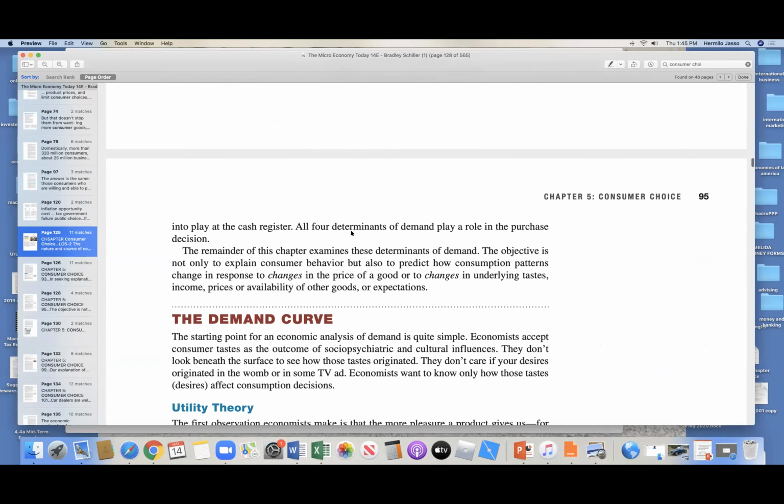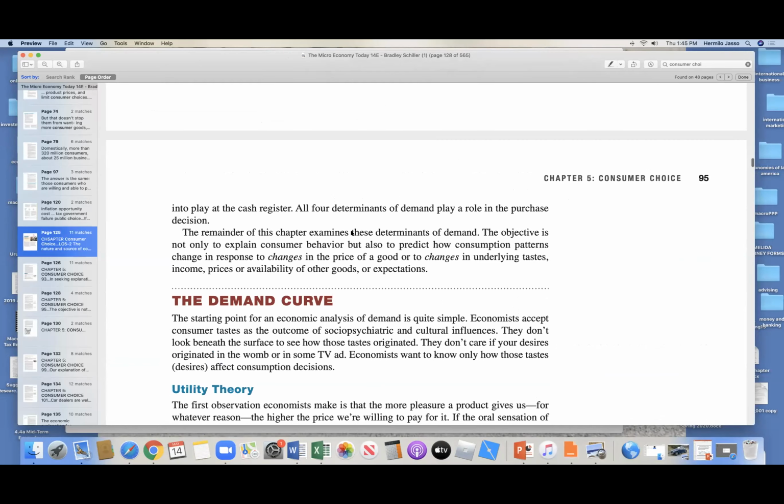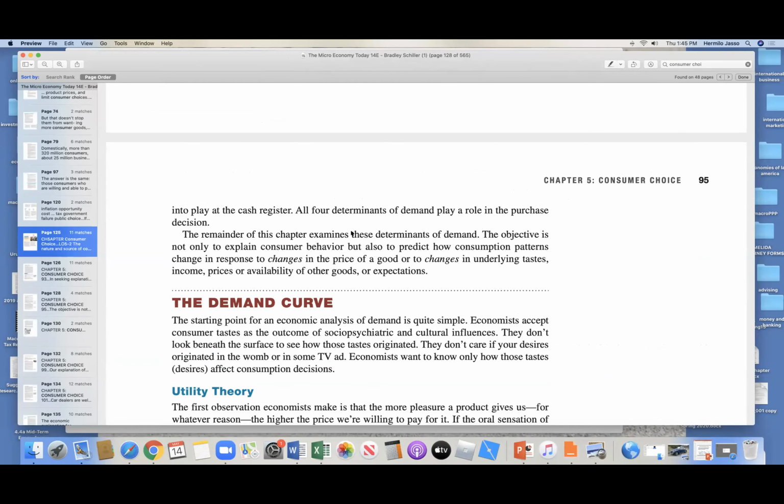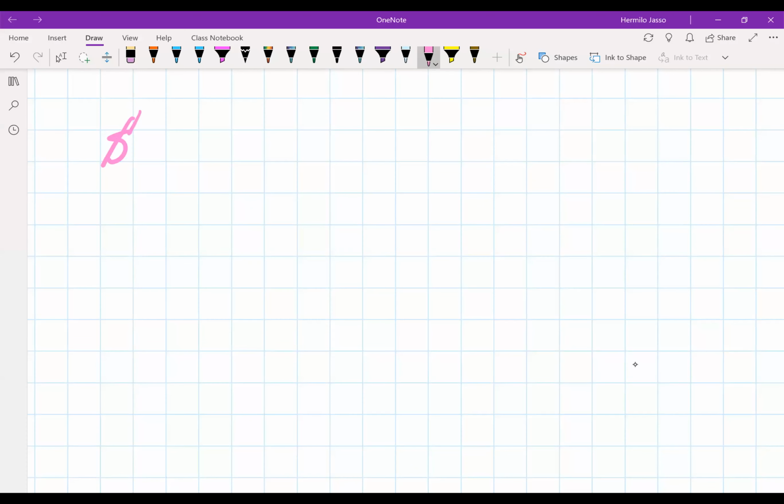So then the demand curve, as you already know, is a downward sloping curve. And you go to the store and you make decisions on what you're going to buy based on what you think is going to give you the greatest satisfaction, which simply means this. I have a limited budget.